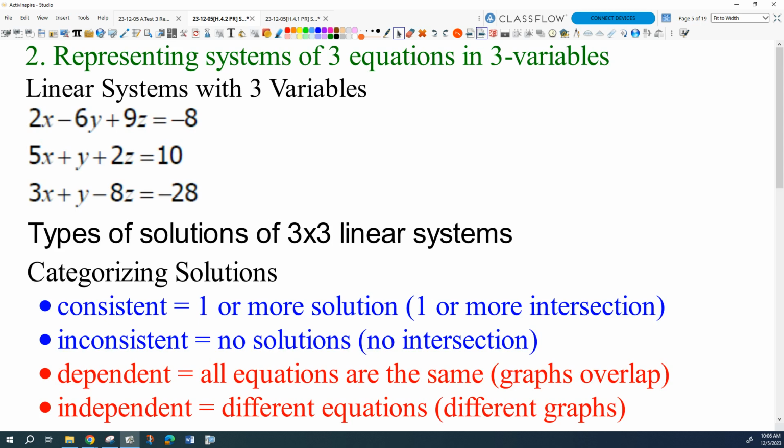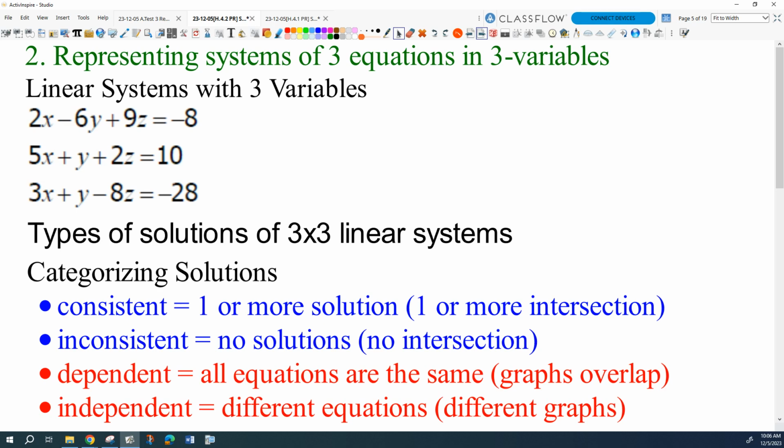Okay, so now the next step is we want to represent systems, linear systems, right? We just determined that each of these linear equations in 3 variables represents a plane.